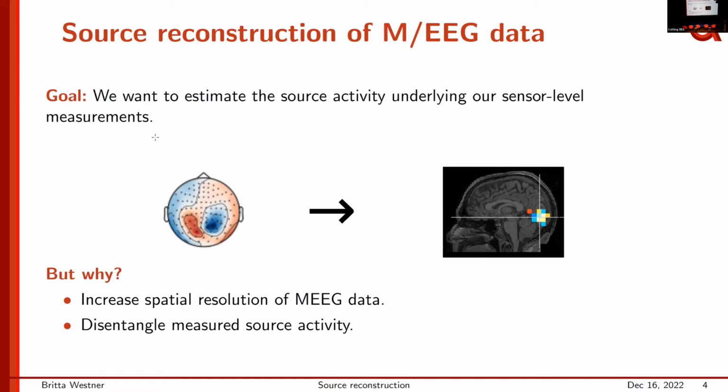Well, there is, in my opinion, two big reasons to do that. One is we can increase the spatial resolution of MEG data to the source space. But then, as Robert highlighted, I think yesterday, or maybe the day before, what we measure on the scalp level is always a linear mixture of different sources. And those sources we can disentangle by using inverse modeling or source reconstruction.